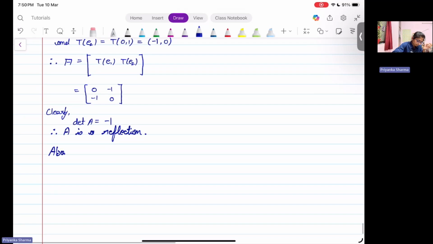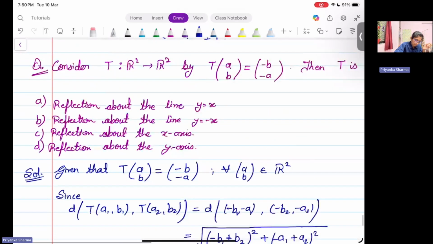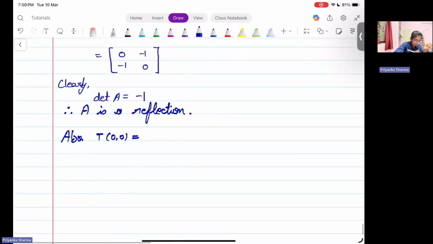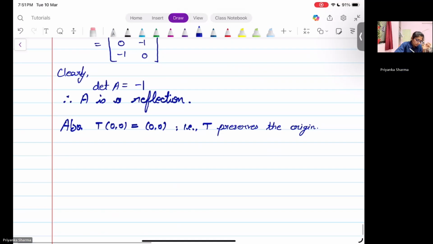Also, T of (0, 0) will be (minus 0, minus 0), so this will be the origin again. That is, T preserves the origin.